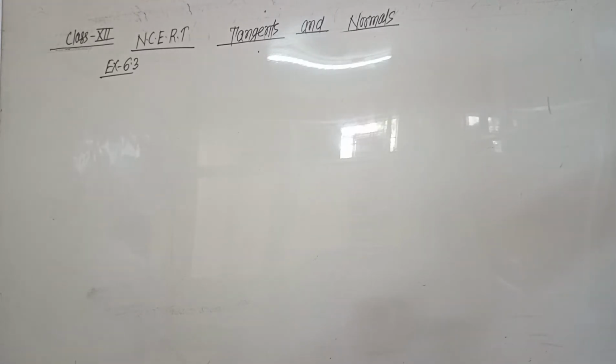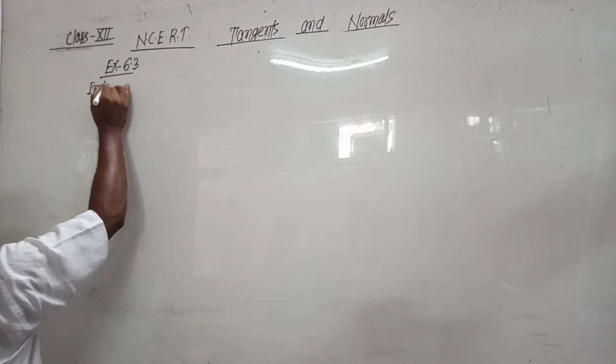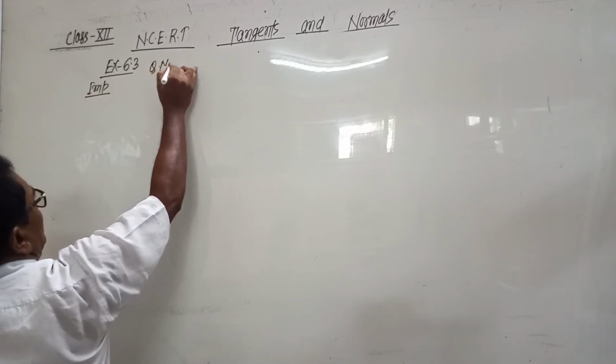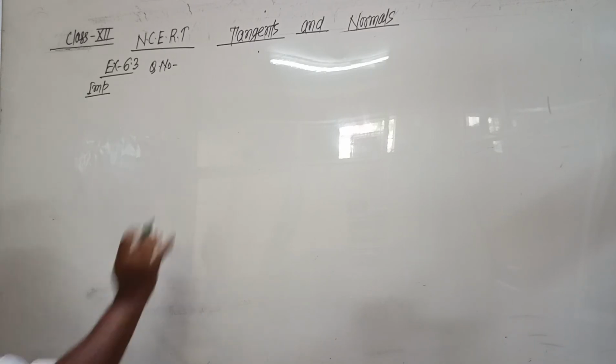Now the next question: for the curve, find all points at which the tangent passes through the origin. This is the important question. Question number 18.